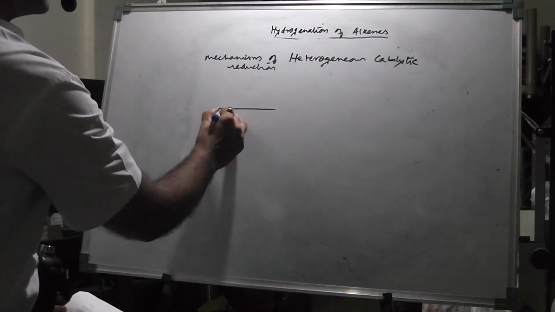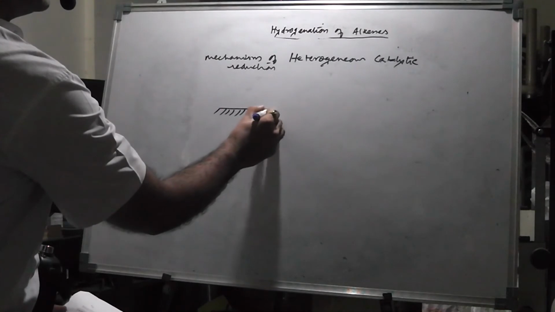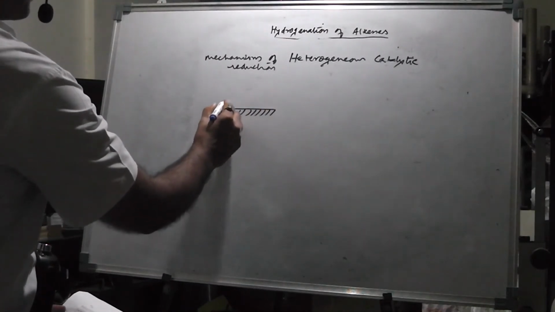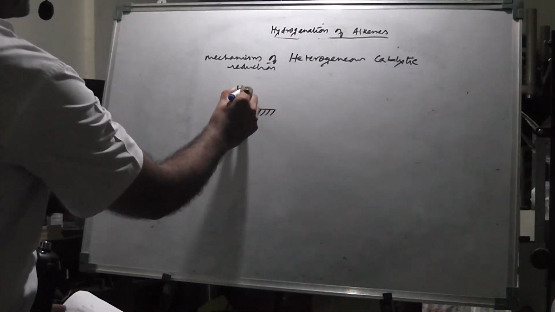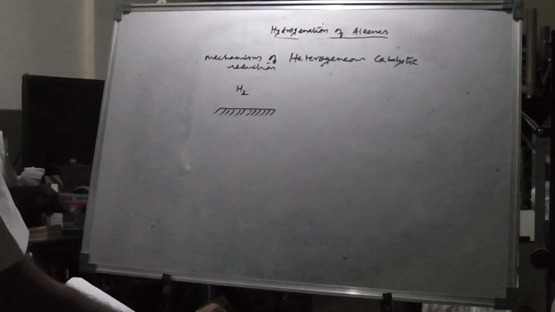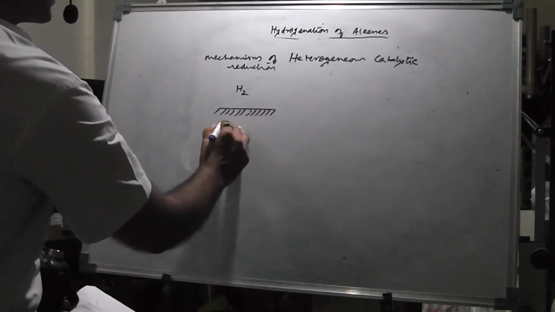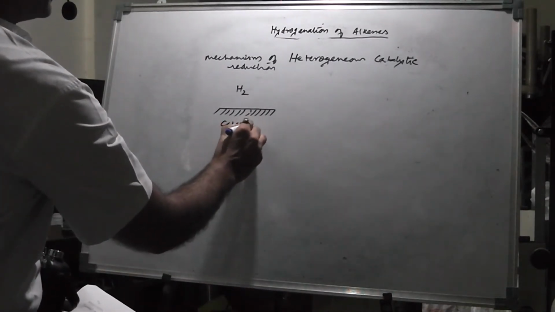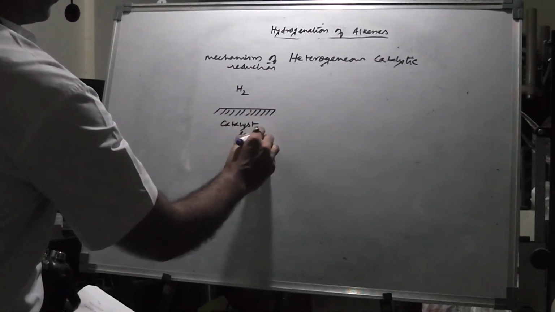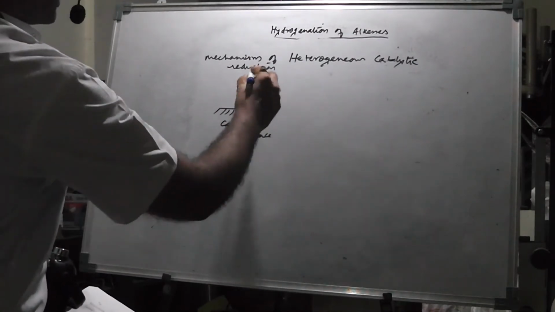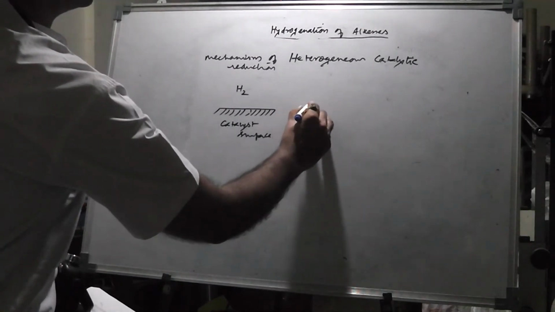This is the metal surface, this is the catalyst surface, where first hydrogen comes and sits on the surface.